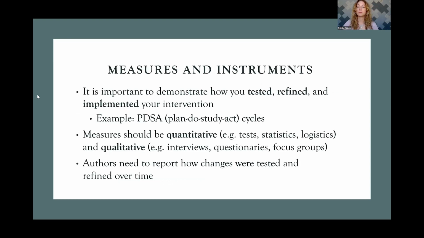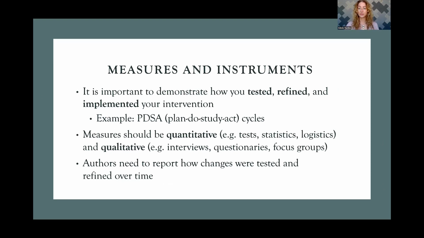So measures and instruments are an important part of your method section. It is important to demonstrate how you tested, refined, and implemented your intervention. So I want to go ahead and point out that refinement word one more time, because the QI is concerned with that refinement. Just as much as it's concerned with time, it's concerned with refinement.